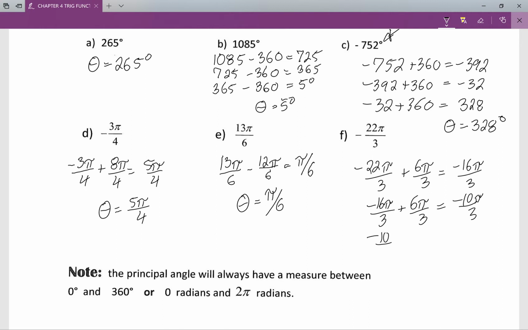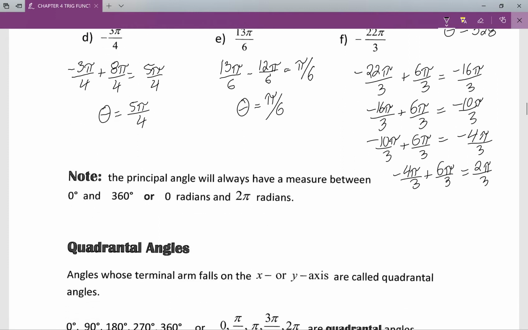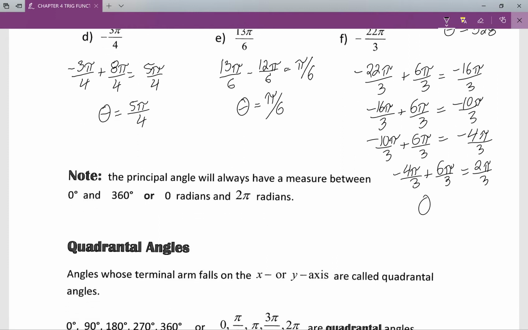And we repeat this process again. Obviously, you guys can probably expedite this a bit beyond how fast I'm doing it, but I'm just kind of justifying every step. So I go negative 4 pi by 3 plus 6 pi by 3, and that gives me 2 pi by 3, which is finally getting to my positive one between 0 and 2 pi. So here I get that theta is equal to 2 pi by 3.